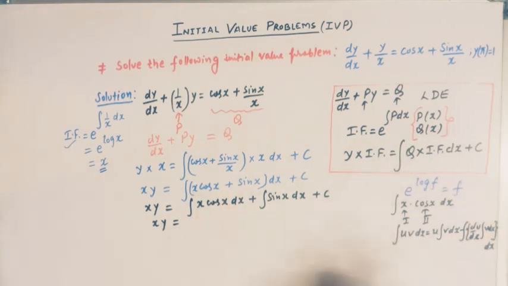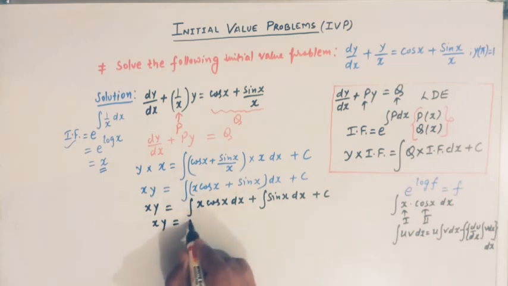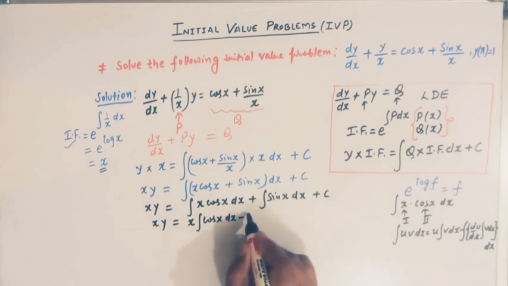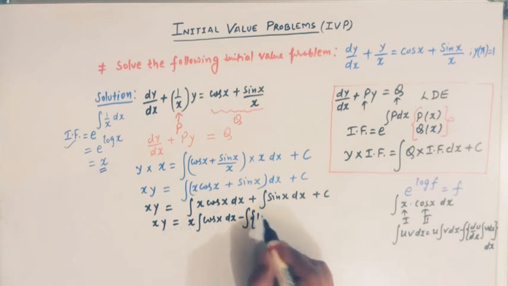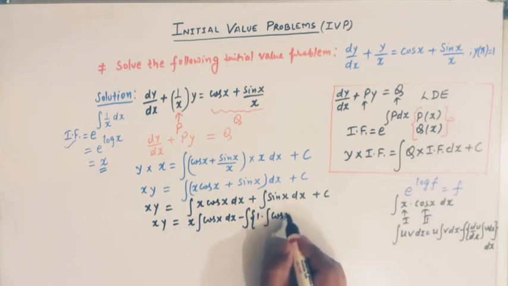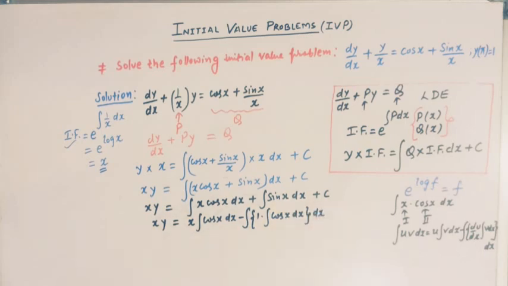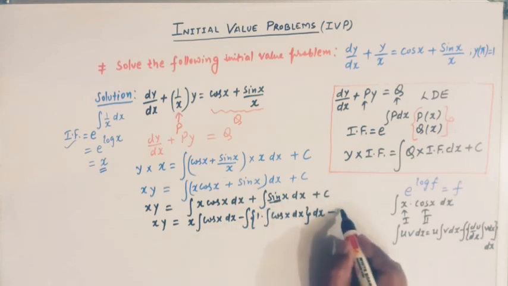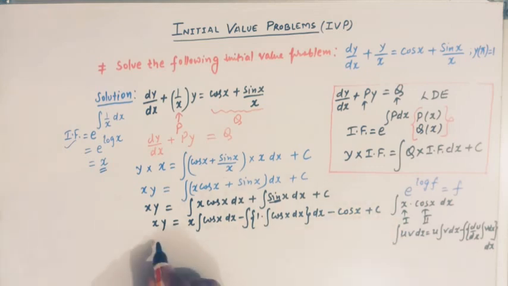Okay, so now let us apply this rule over here. So we have first function x, then the integral of cos x dx, minus the integral of the derivative of x, which is 1, times the integral of cos x dx, and here we have dx, right? And the integral of sin x is minus cos x, and here we have c, right?